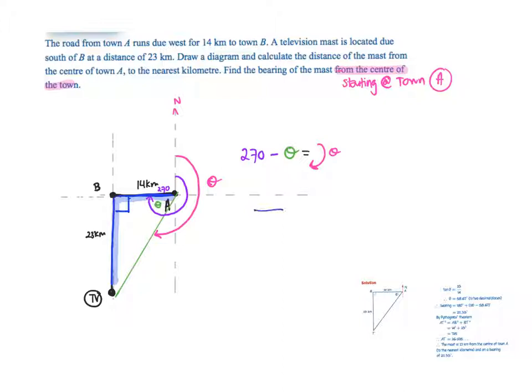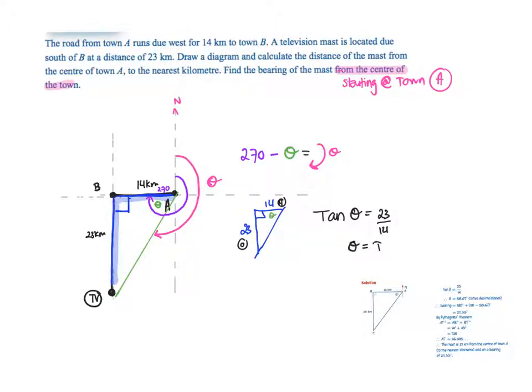Now, if I simplify my triangle, I have a right angle triangle here where I'm trying to find this angle. So I have opposite and I have adjacent. So what formula will I use? tan theta equals opposite over adjacent, 23 over 14.